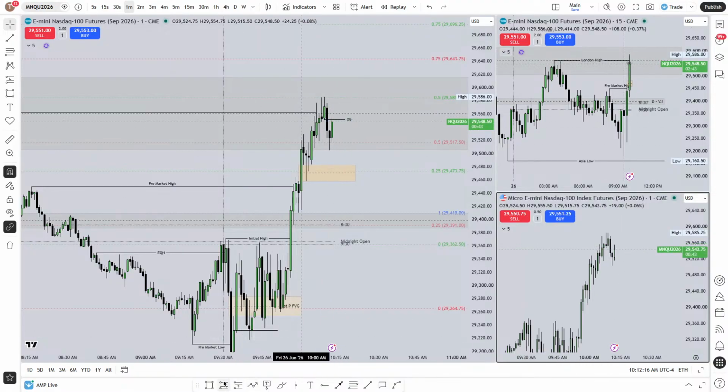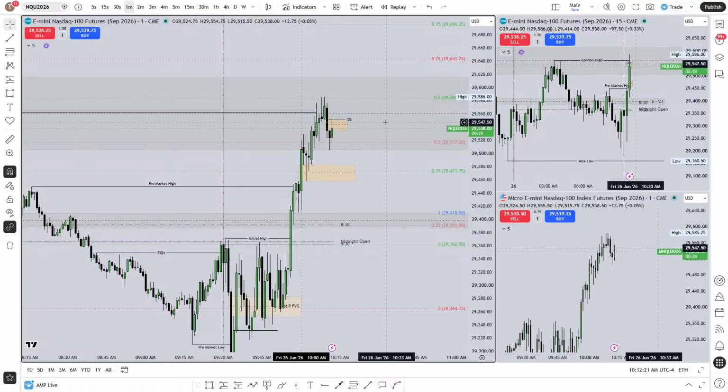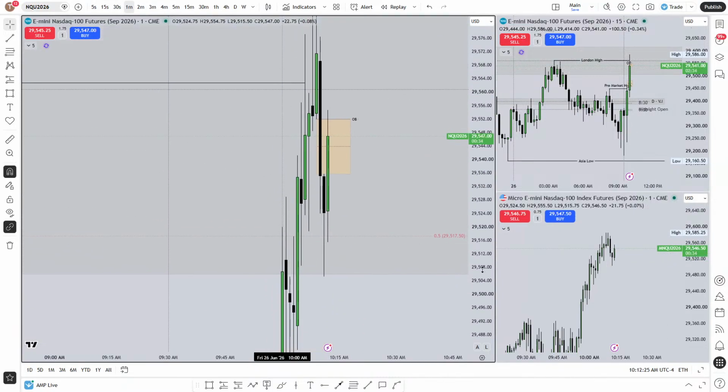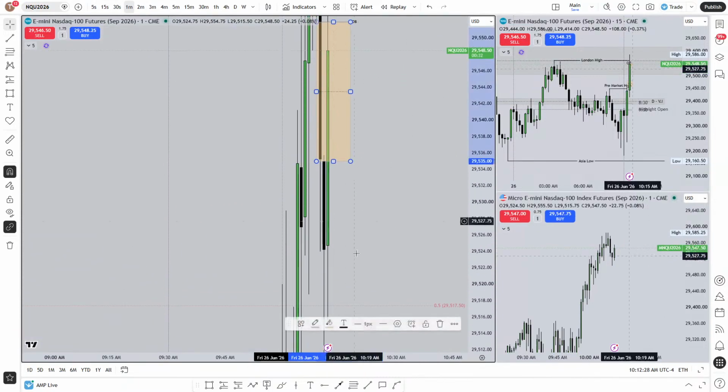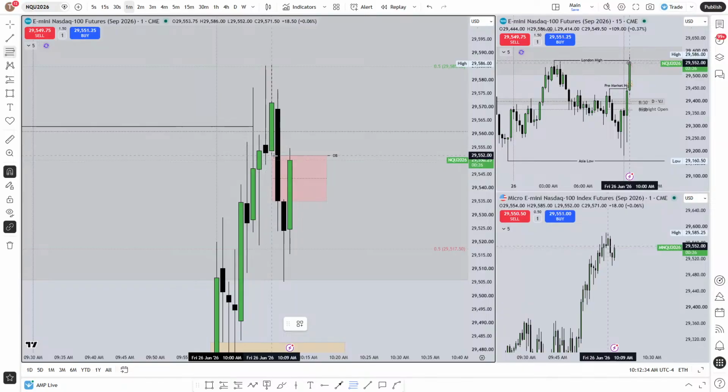We have a SIBI right here. So if we can hold the midpoint of this, and this, I want to look at the mean threshold of this.